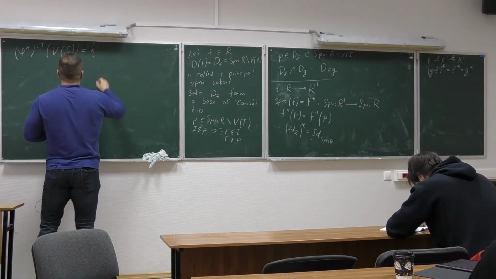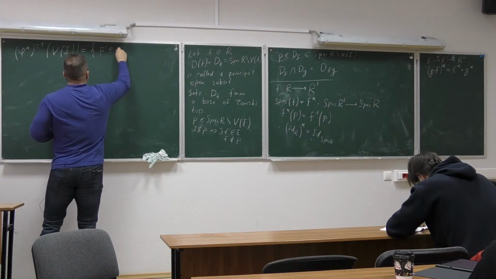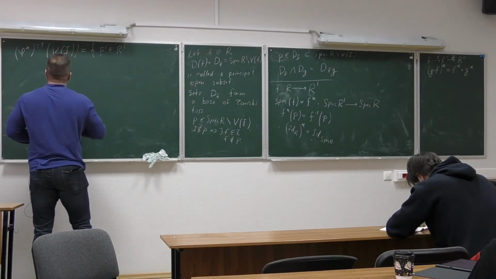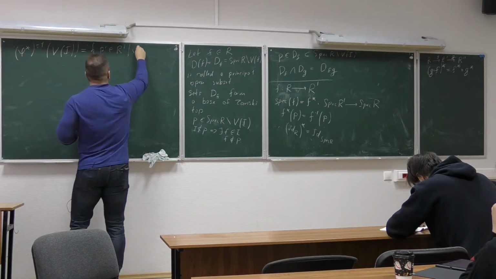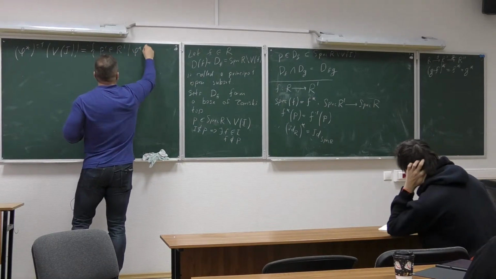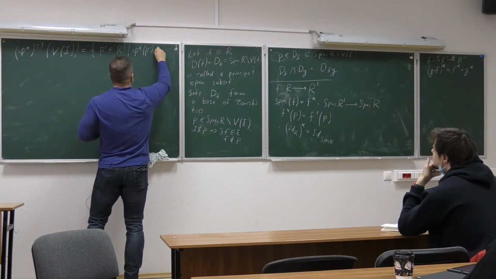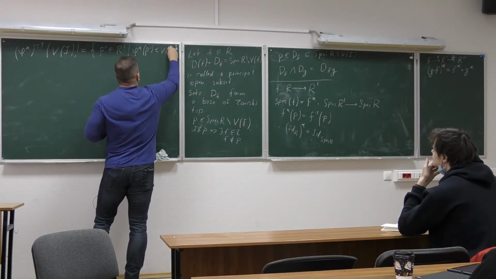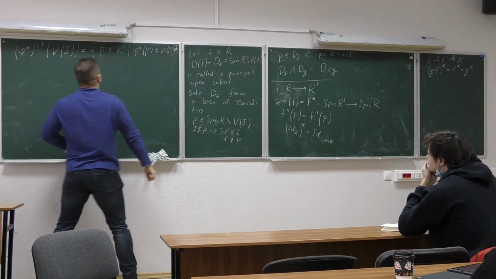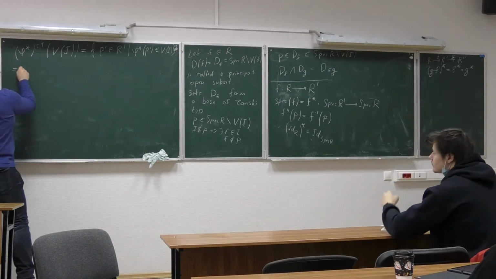So this will be all the ideals P' in R' such that when I apply φ upper star to this P', I'll get something in V(I).